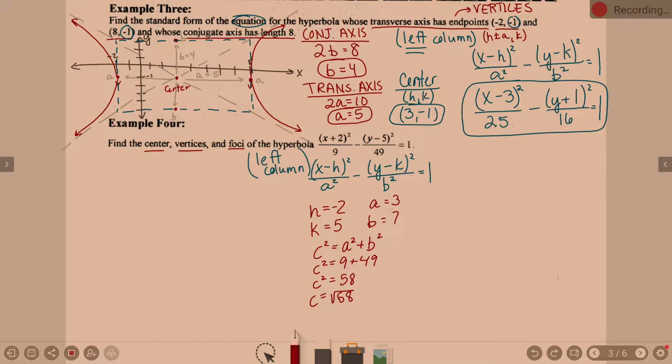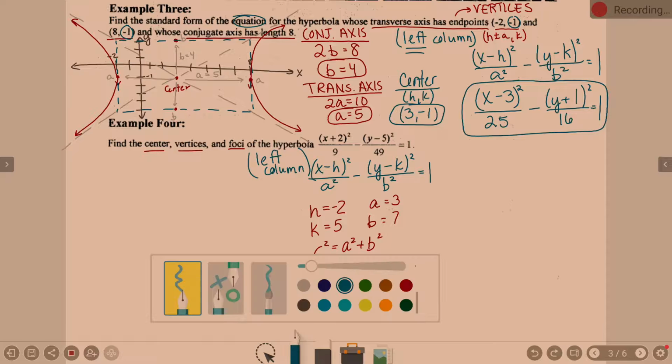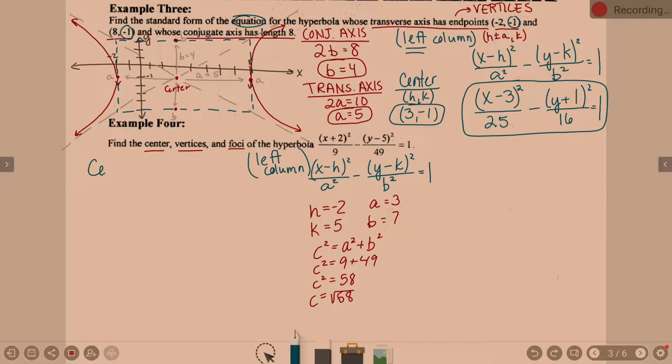So, what is my center? -2. Yeah, it's HK. And in this case, HK is -2,5.